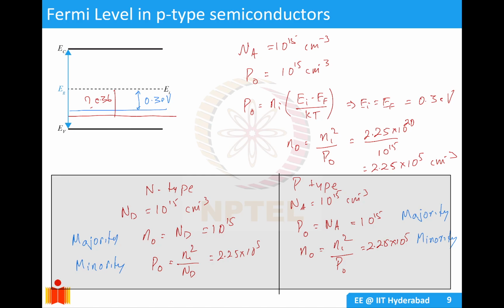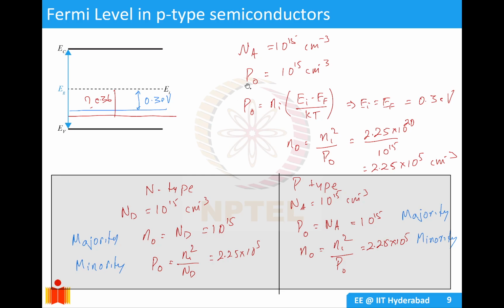Similarly, if you are given a p-type semiconductor, you will be given the value of acceptor concentration instead of donor concentration. All the calculations remain the same, but instead of going above, the Fermi level comes below, towards the valence band.